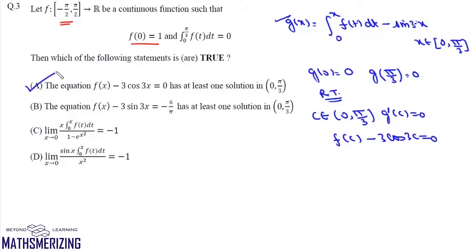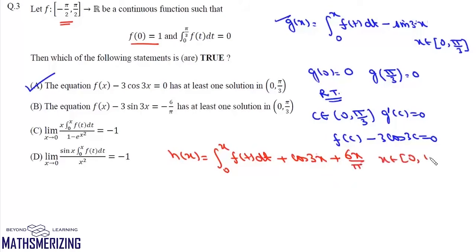Now for this option B, again we'll assume a function and let this function be h(x), which is this integral from 0 to x f(t) dt plus cos 3t plus 6x upon pi in the interval 0 to pi by 3.